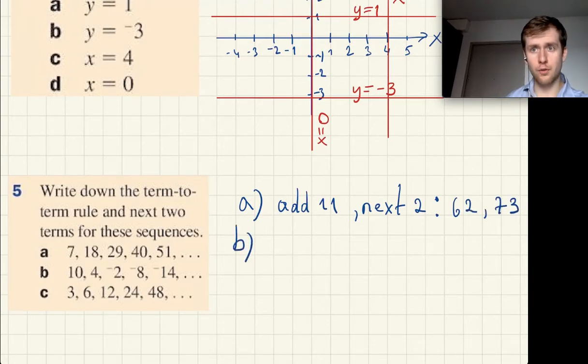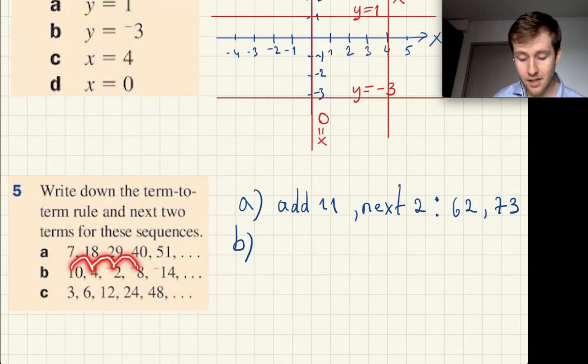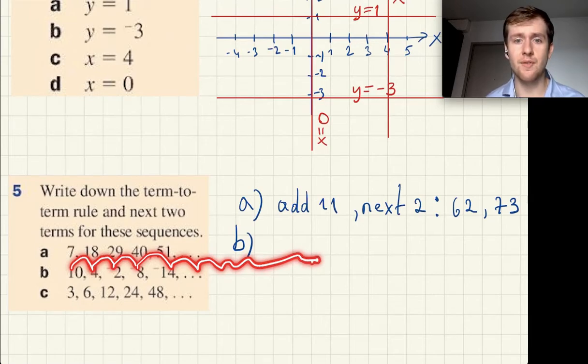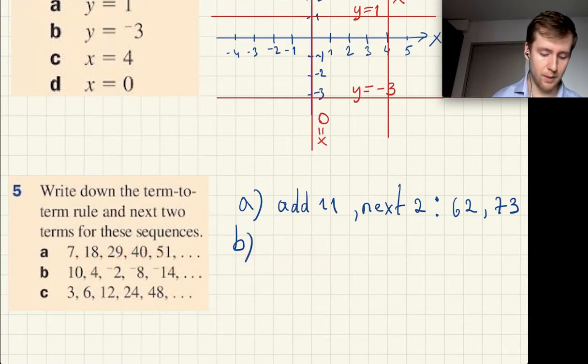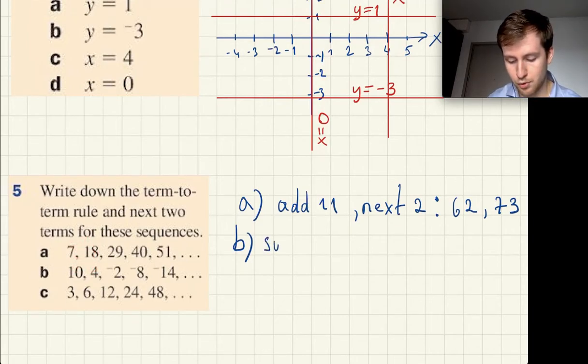Then here, the sequence is decreasing all the time. It goes from 10 to 4, and then to -2, -8, -14, and so on. So here we subtract 6 each time. The rule is subtract 6.